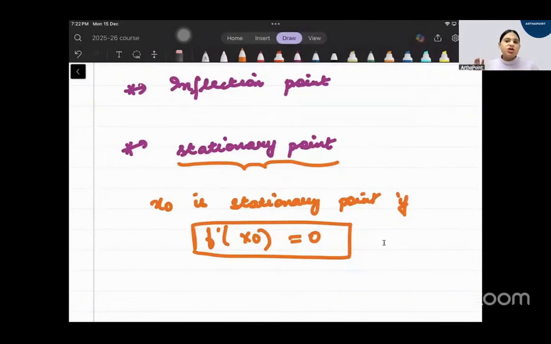Then it is a stationary point. अब whether it will be maxima, minima or nothing does not matter. अभी के लिए सिर्फ इतना मैटर कर रहा है that a stationary point is any point such that the first order derivative is equal to 0. ठीक है?